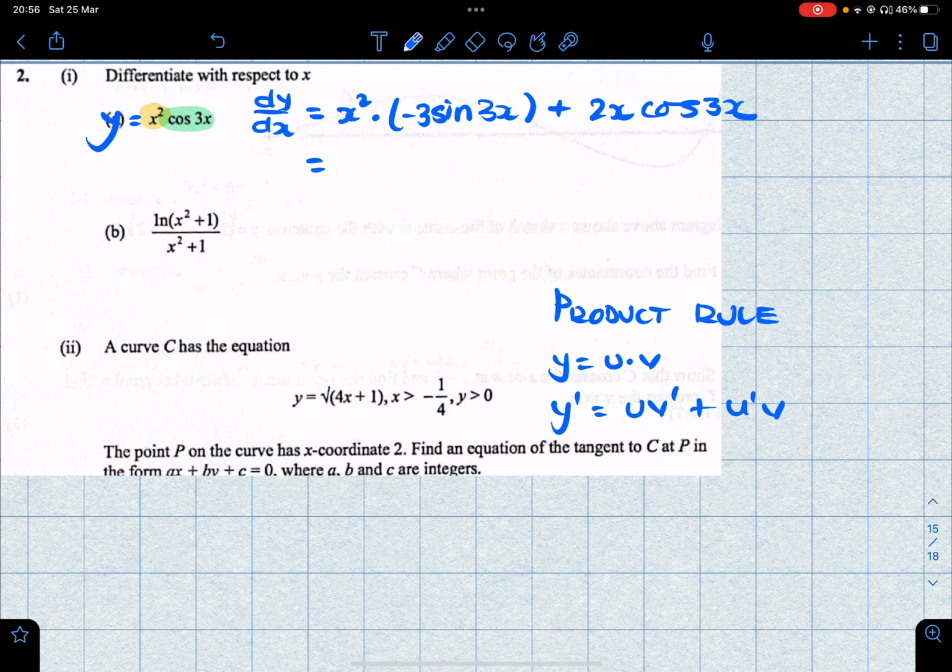So you can rewrite that as minus 3x squared sine 3x plus 2x cosine 3x. So that's your answer to A.